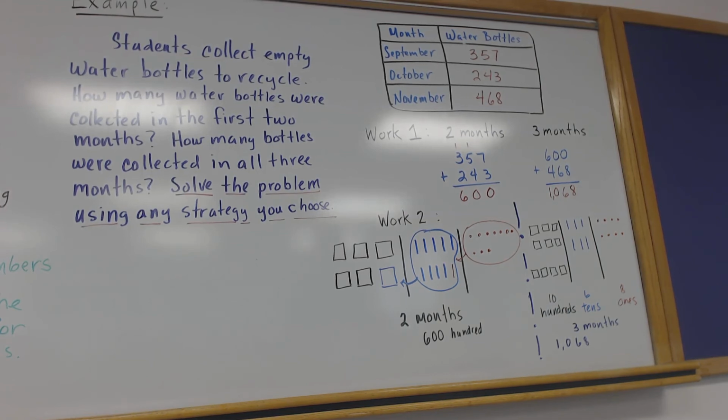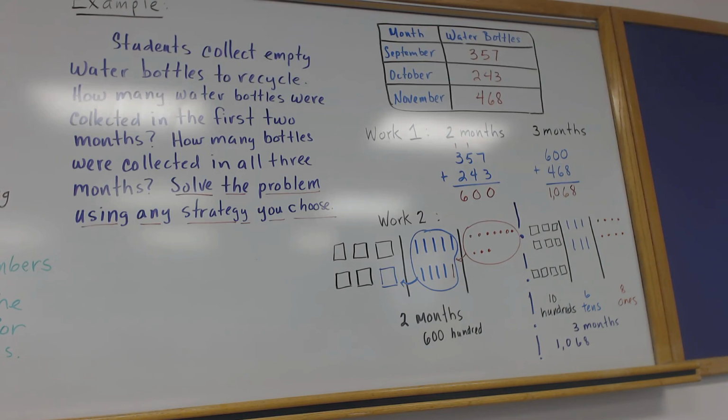Now let's go forward and look at how he added the last month. He said 600, so he put all 6 squares in the hundreds place. Then he added 4 more.